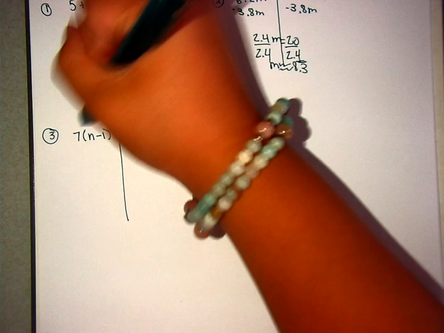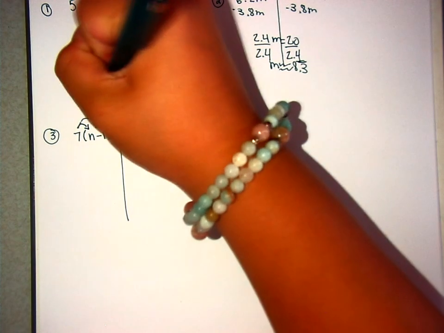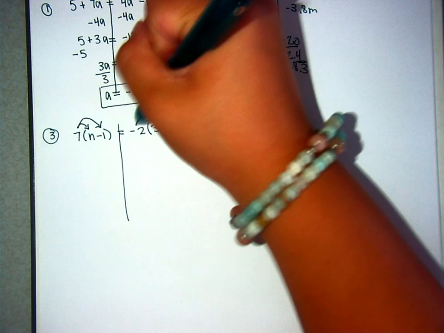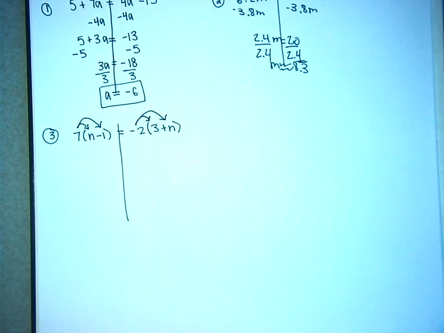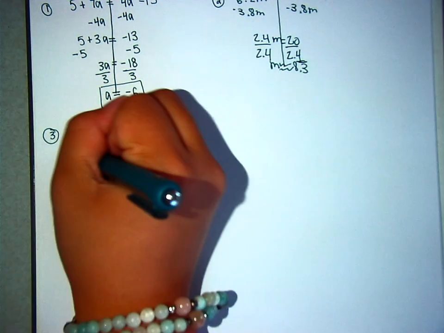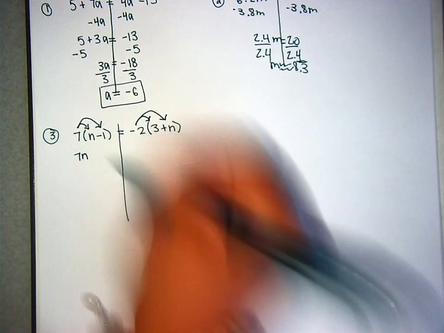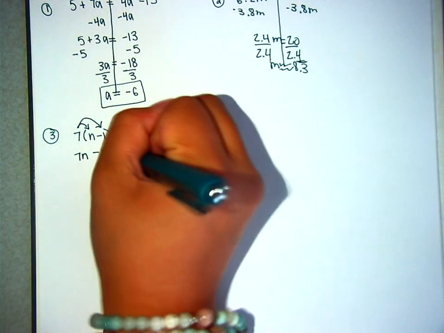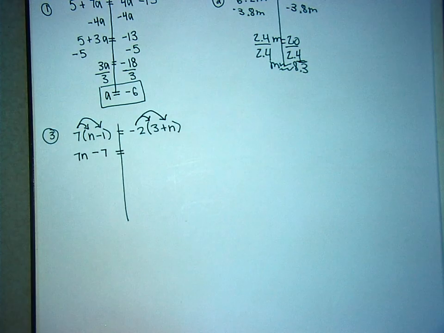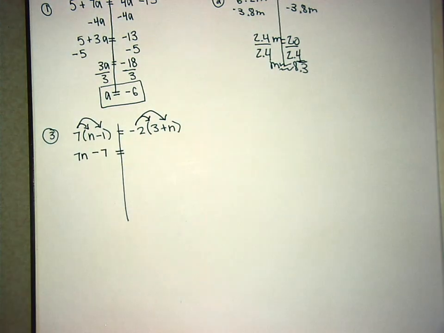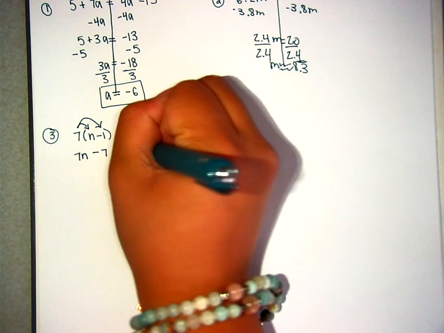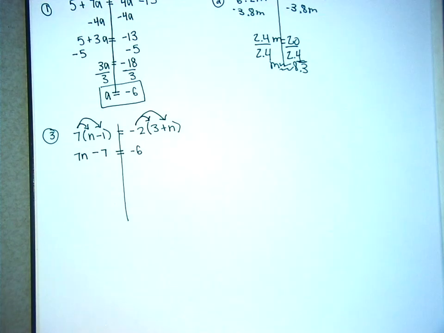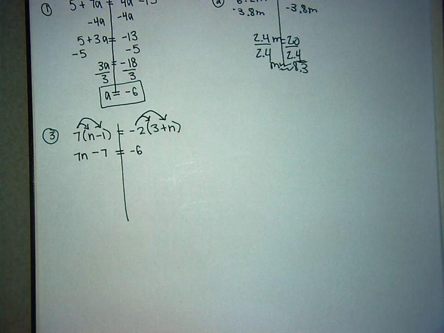So we're going to distribute the 7 in, and the negative 2 in. 7 times n is 7n. 7 times negative 1 is negative 7. Negative 2 times 3 is what? Negative 6. And negative 2 times n?